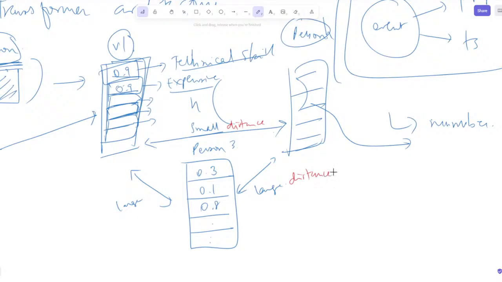Yes, that's a very good example, which is we can parse a person's resume.